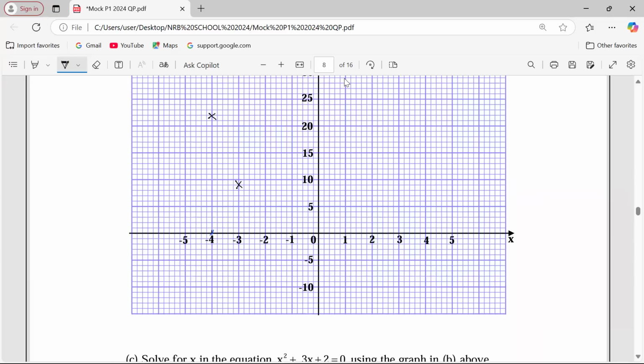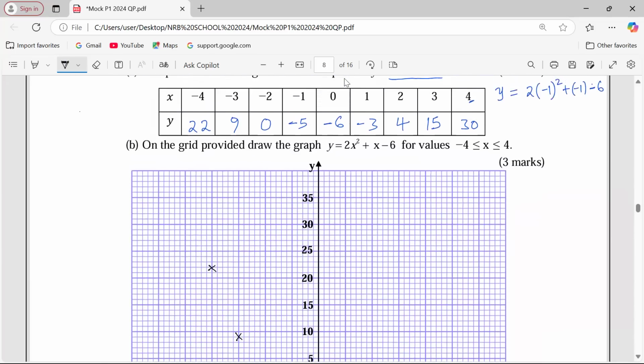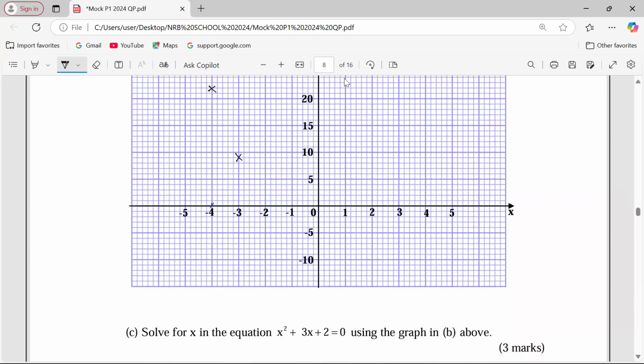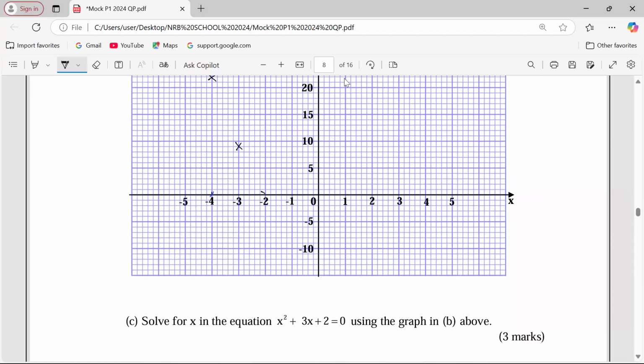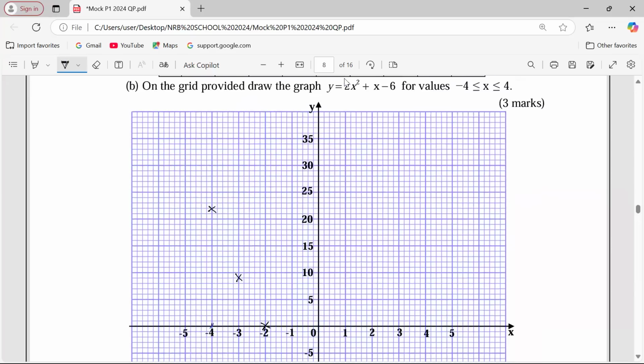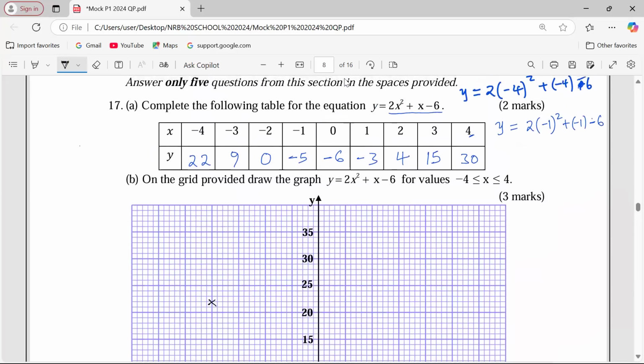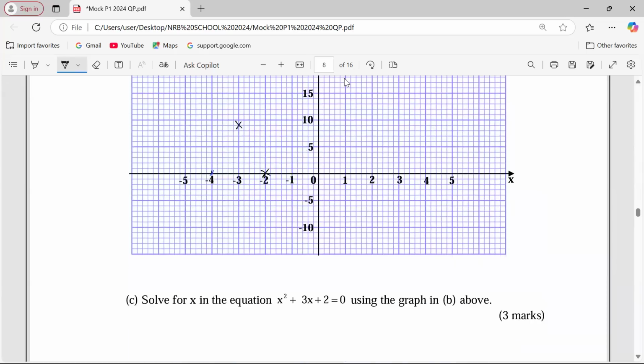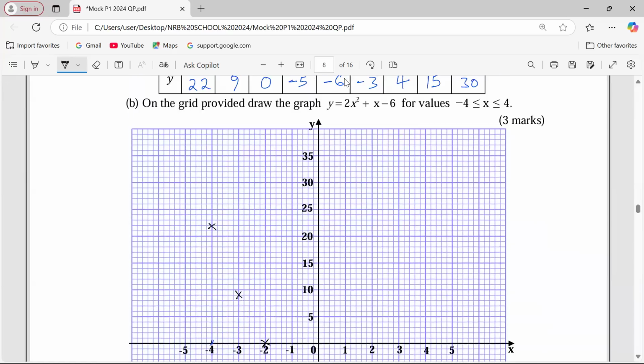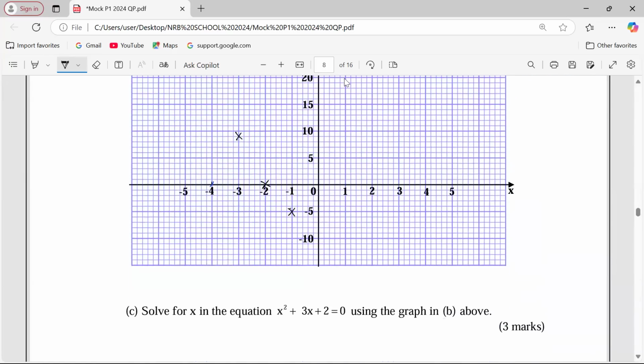Then the next value, which is -2, 0. So 0 means this point. Then at -1, we are having -5: -1, -5, this point. Then 0, -6.